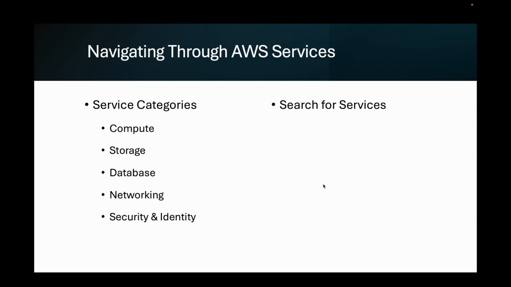We can also search for services using the search bar at the top of the console to quickly find the service you need. Type the name of the service and it will display relevant options. For example, typing EC2 will take you to the EC2 dashboard. And then the service dashboard. Once you select a service, you will be taken to the service's specific dashboard.